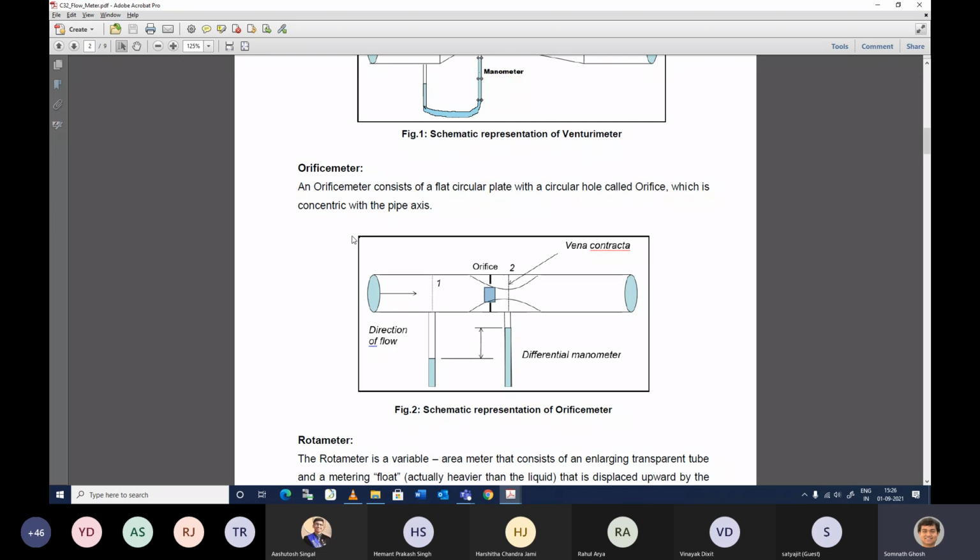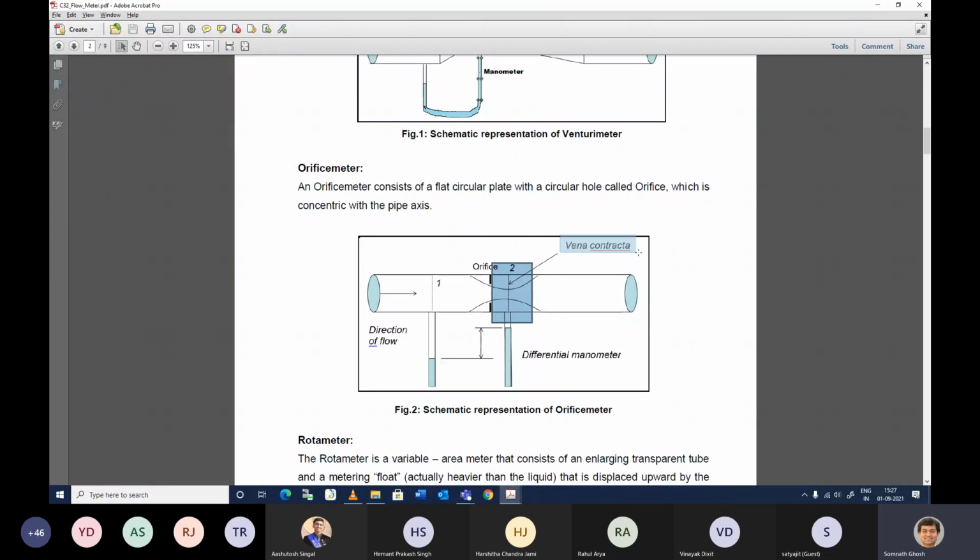But the pressure drop in this orifice meter is much higher than in the venturi meter. In the venturi meter, almost 90% of the pressure drop due to the venturi section is recovered. Here it is very difficult. The reason is when you have a constriction, the flow will be reduced, right? So in the orifice meter, it will create a vena contracta.